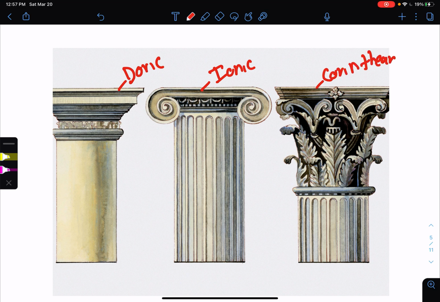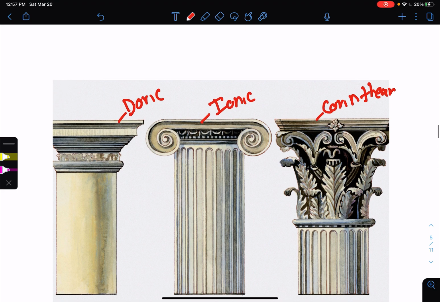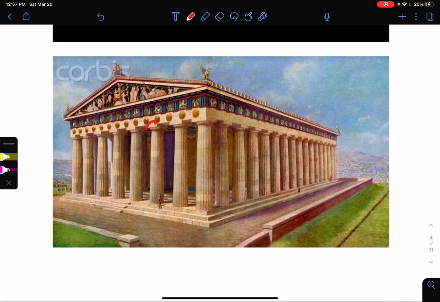Let me make sure I have those correct. Doric columns tend to be, yeah, this is a Doric one. Okay, this is Doric, this is Ionic in the middle, and this is Corinthian. I particularly like Corinthian. It's very, very, very fancy. And that's what they put at the very top.